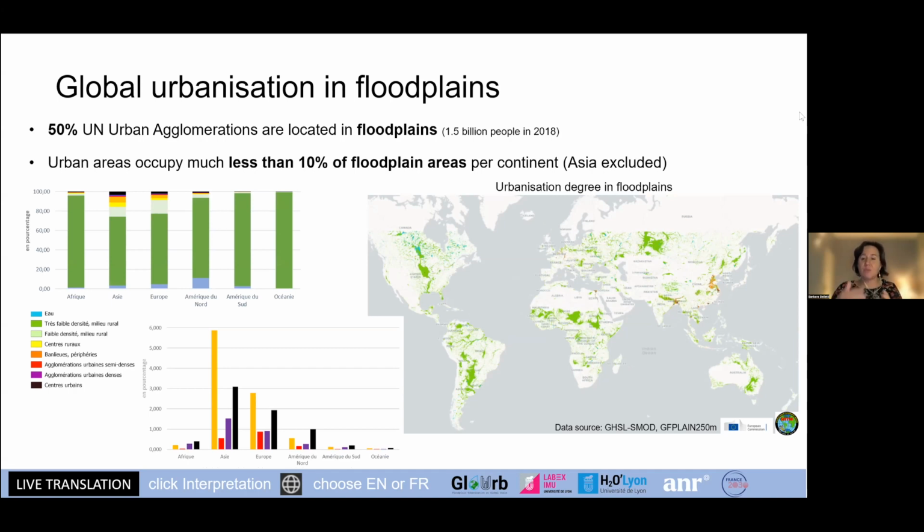So this is the urban growth degree at the scale of the world, and we've also mapped the alluvial plains in the world. We can see hotspots in Europe with the Danube and the Rhine River, the Ganga and Brahmaputra in India, and the Nile in Africa.